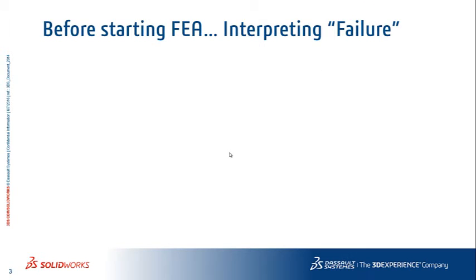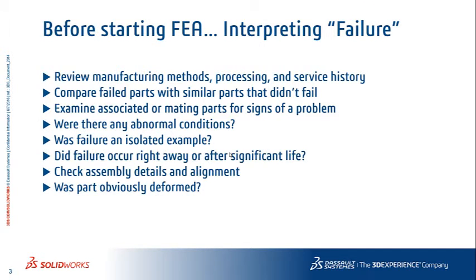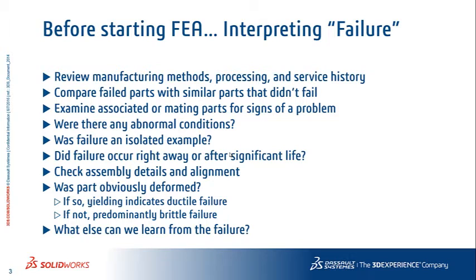So before starting FEA, it's very important to interpret exactly how the failure occurred. And there are lots of different things to consider. The most common thing to consider, though, is really what does the deformed shape look like, because the deformed shape can really unlock a lot about exactly how the part has failed. Typically that allows us to interpret whether it was a ductile failure or a brittle failure.